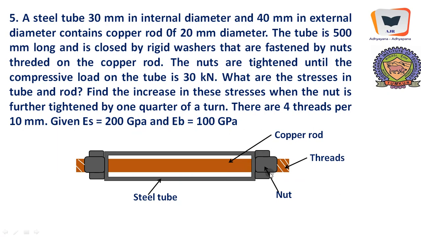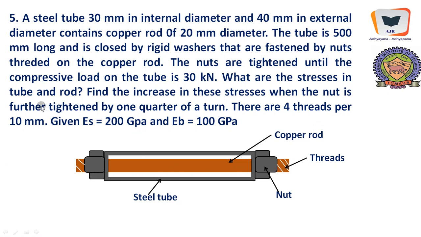We will understand how exactly one component will be subjected to tension and the other component to compression. And here there is no sharing of load. They will take the compression, decrease in length or increase in length, proportionate to their capacity. Here the deformation is shared. In the earlier case, the load was shared by the two materials. Here the deformation will be shared, and we will see that.